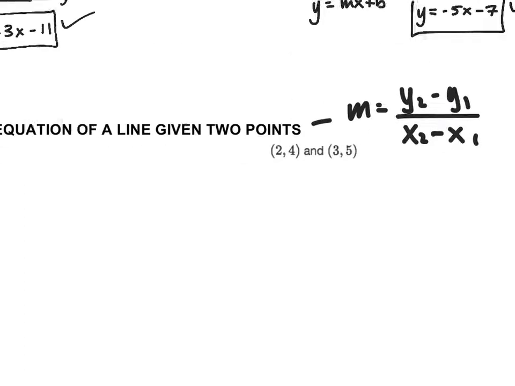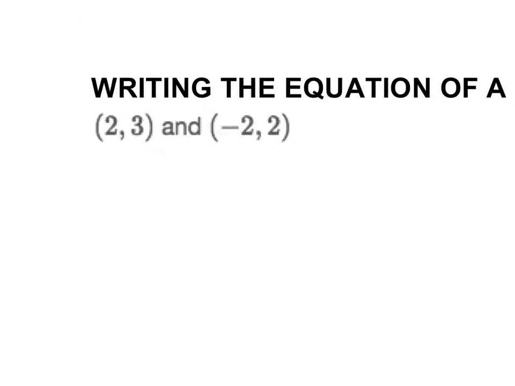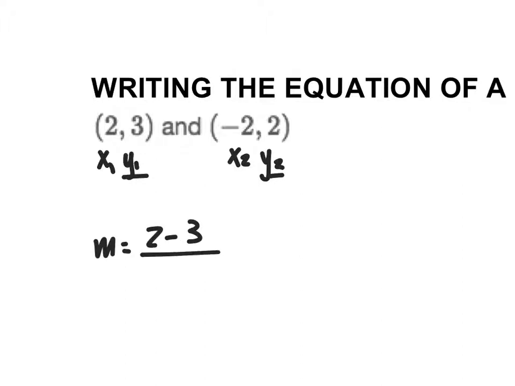From here, using 2, 3, and negative 2, 2, let's use the first as x sub 1, y sub 1, and the second as x sub 2, y sub 2. So my slope formula gives me y sub 2 minus y sub 1, so 2 minus 3, over x sub 2 minus x sub 1, so that's negative 2 minus 2.